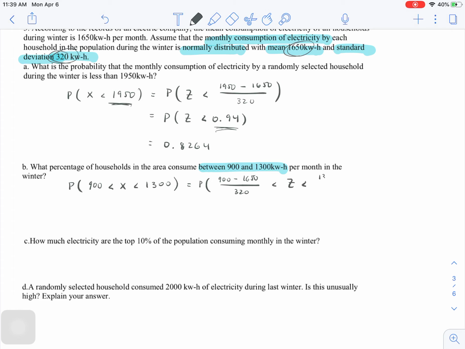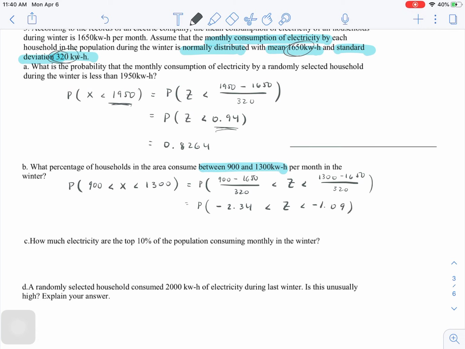I'm going to convert 1,300 now. I'll plug these into my calculator. I should get negative 2.34 for the z-score for 900. For the z-score for 1,300, I should get negative 1.09.